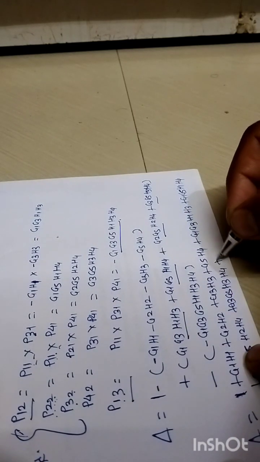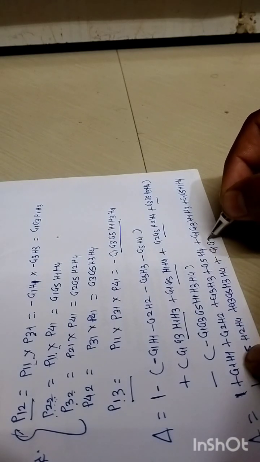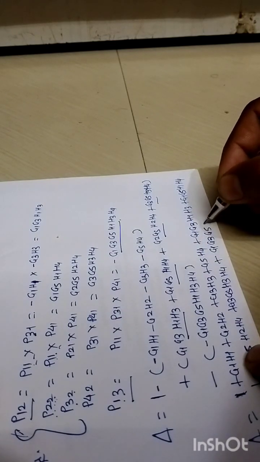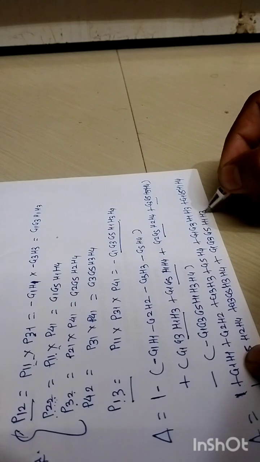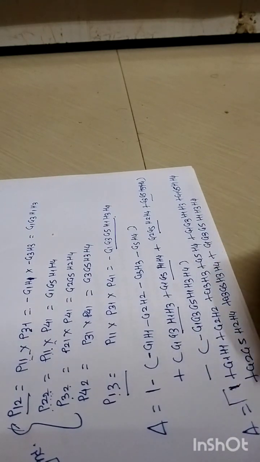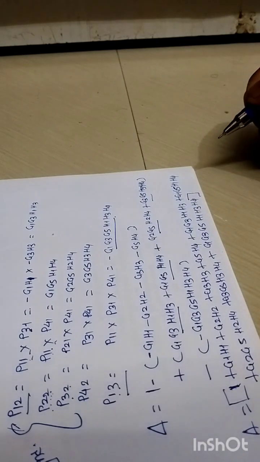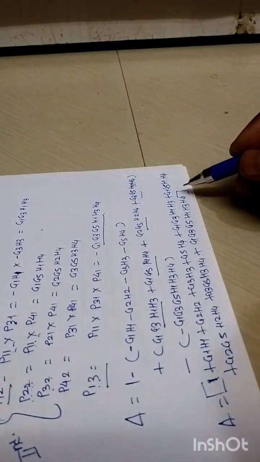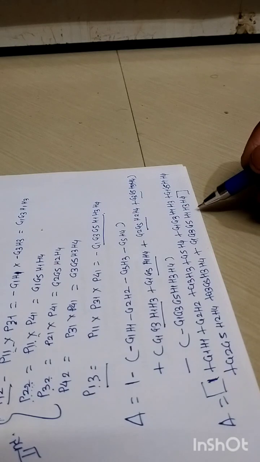This minus minus lastly will become plus, so it will become G1 G3 G5 H1 H3 H4. So this whole quantity is nothing but your system determinant delta.